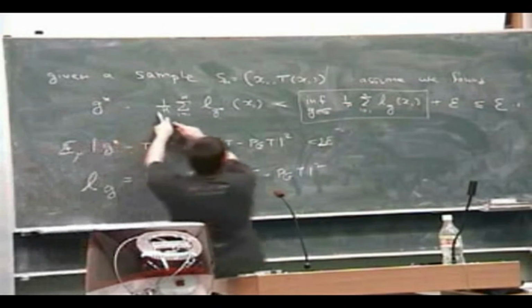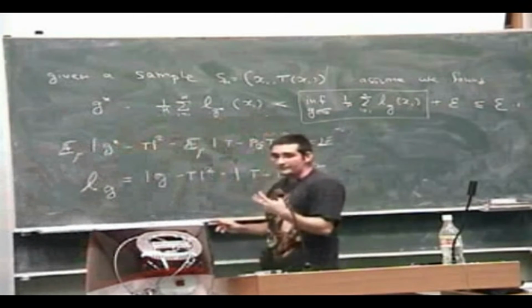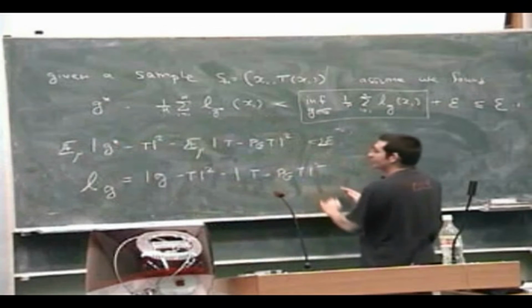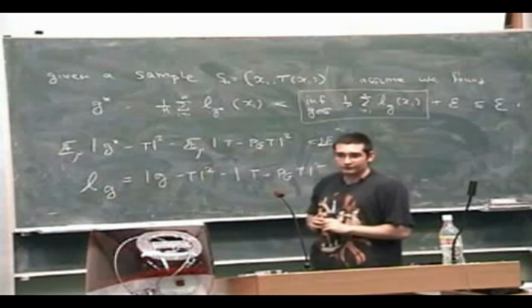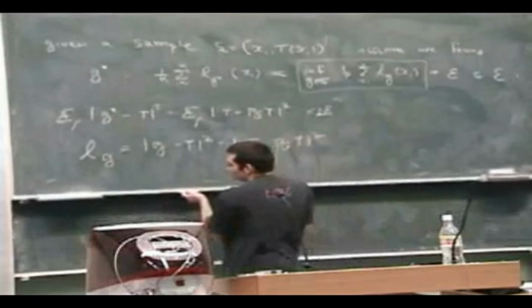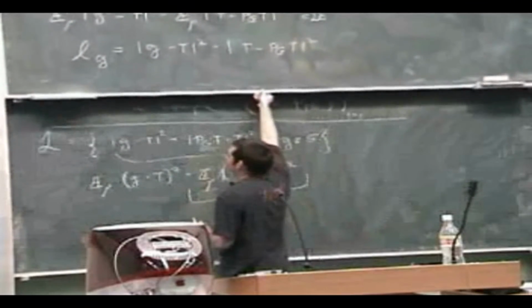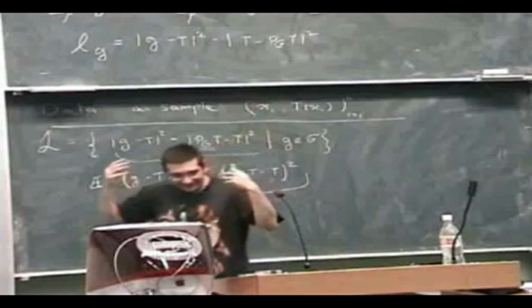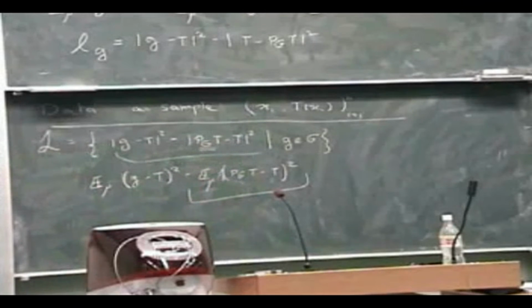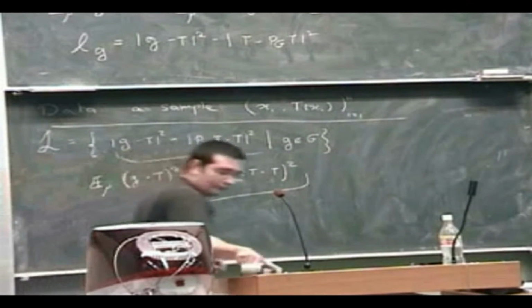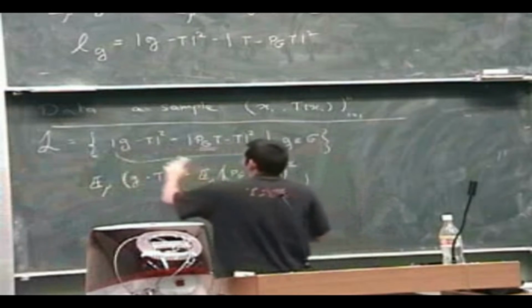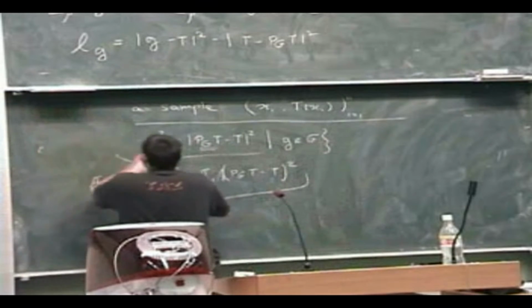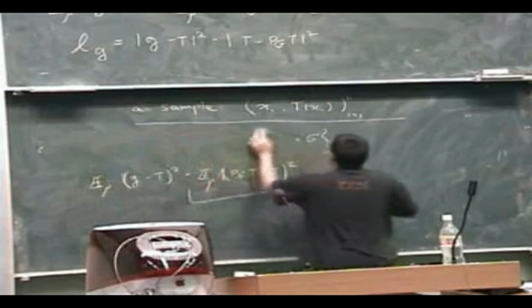Now when we look at this particular question, it's clear that the answer has to be no. It's just inconceivable to assume that for every sample you take, the fact that this is small means that this must be small.